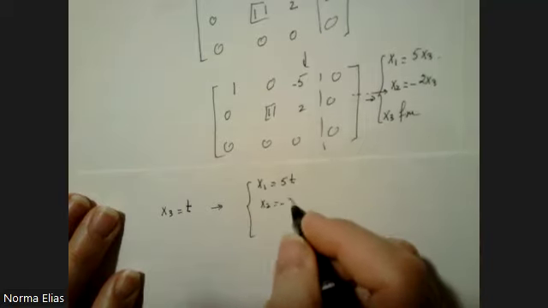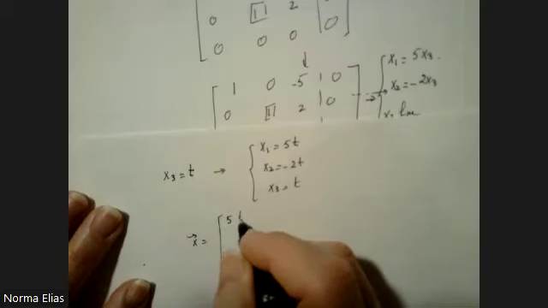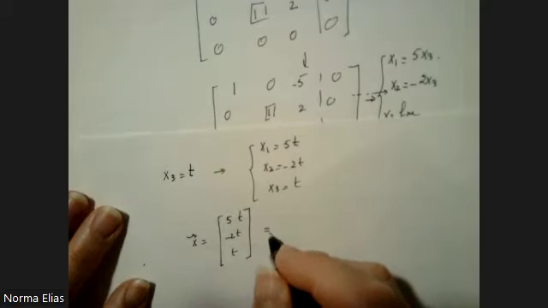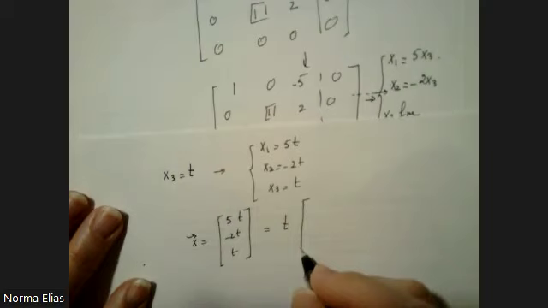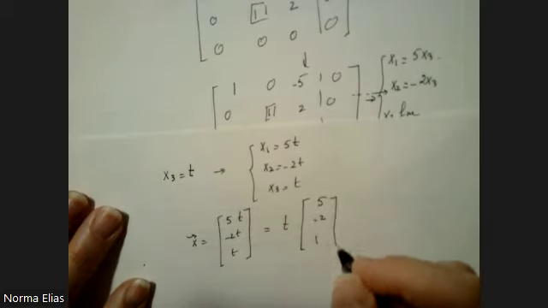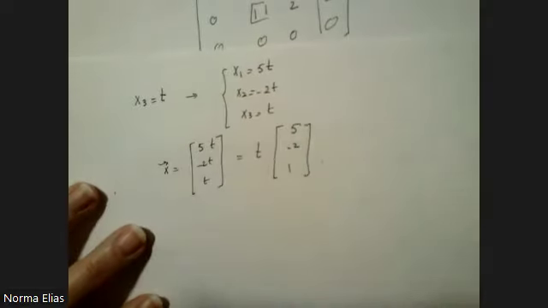So in parametric vector form, x can be written as t times the vector 5, minus 2, 1. That's what we call the parametric vector form of the solution.